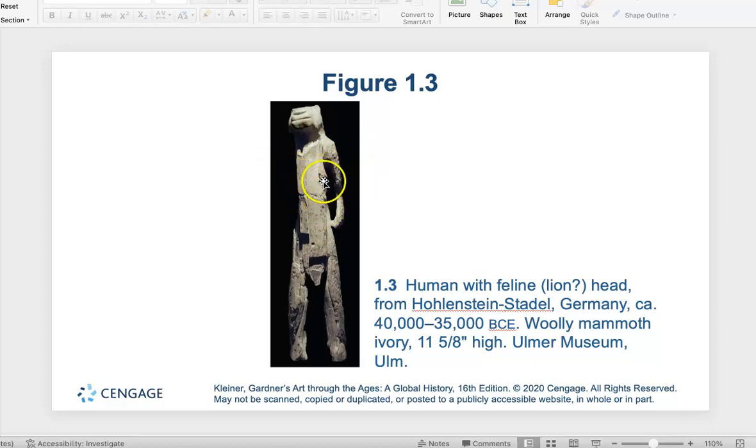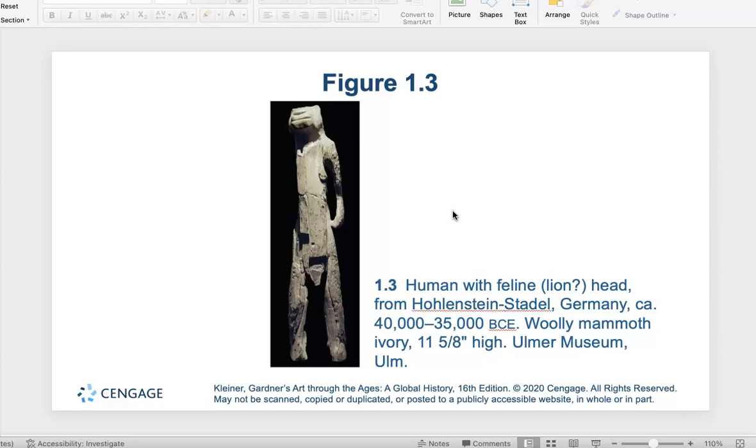Maybe this figure is representing a religious figure, again, a deity that happens to be associated with cats, big cats, lions, whatever. Or another possibility is that this figure is representing a human being who is dressed up like a big cat, like a lion.